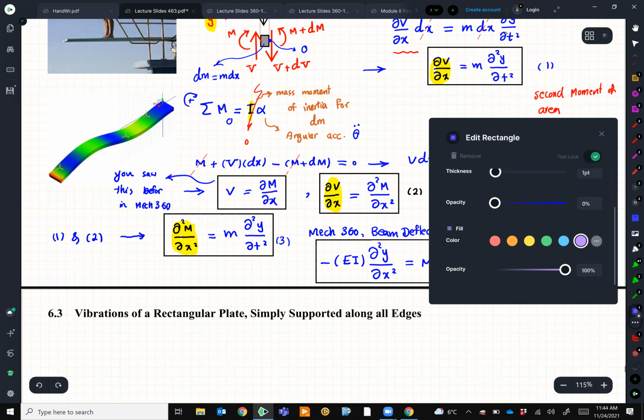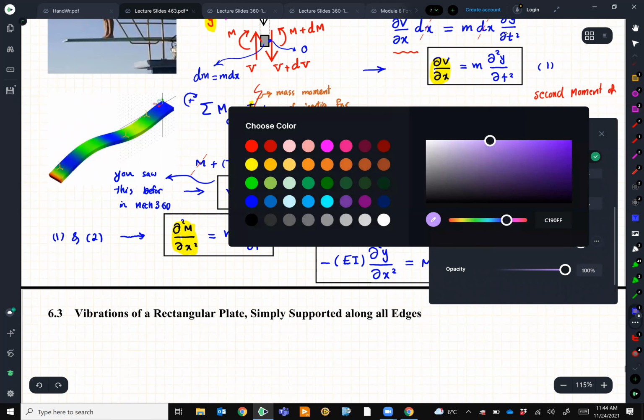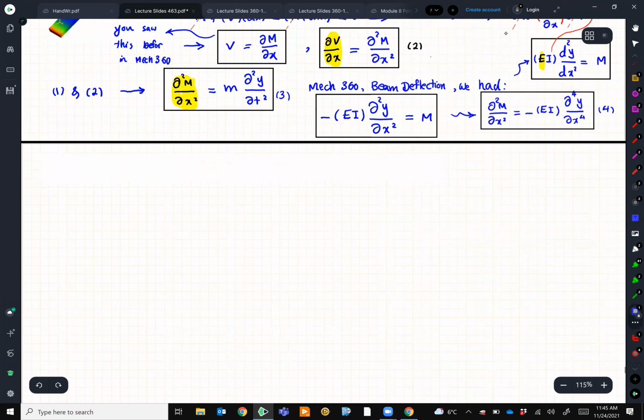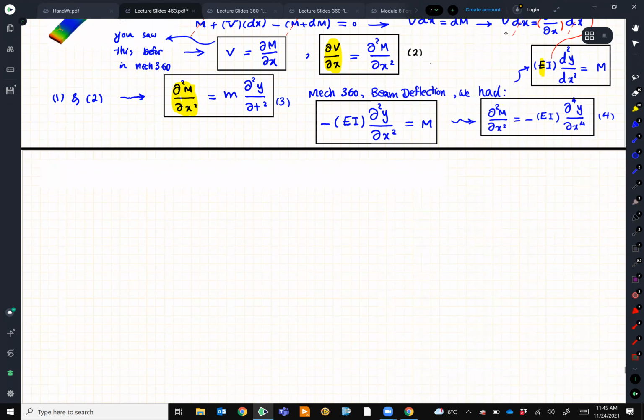Okay, so I'll move this part. We'll talk about it later. So we're getting to this page.